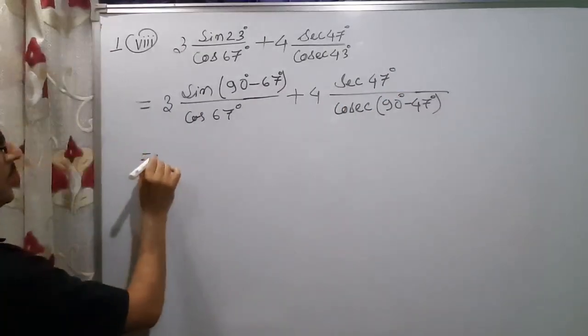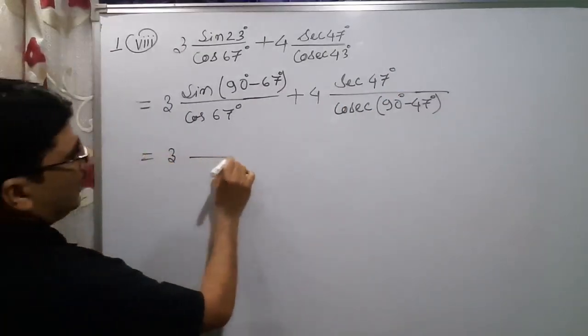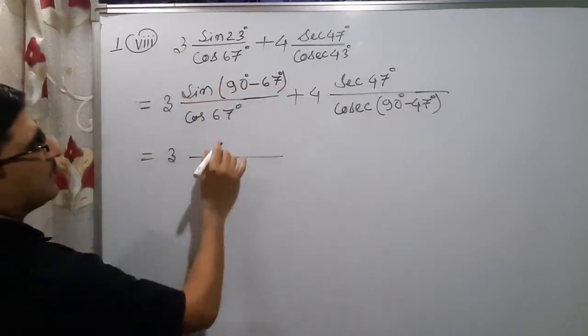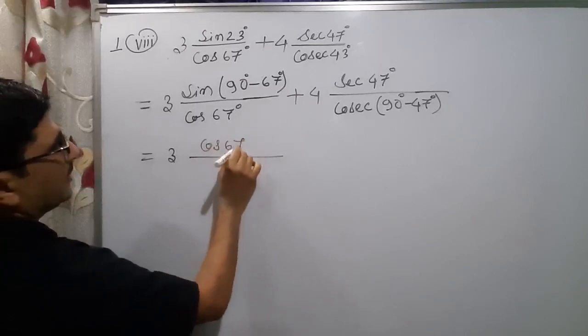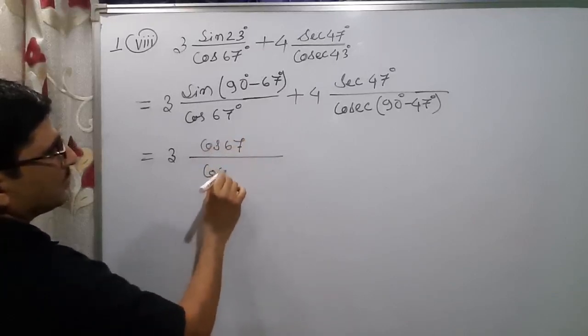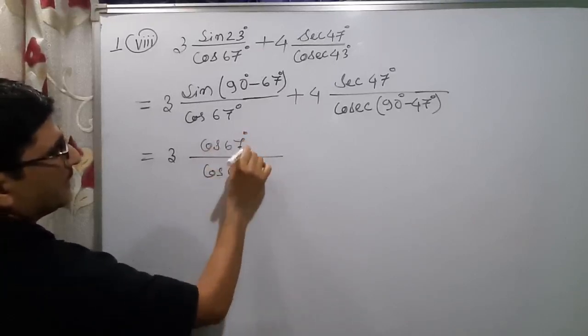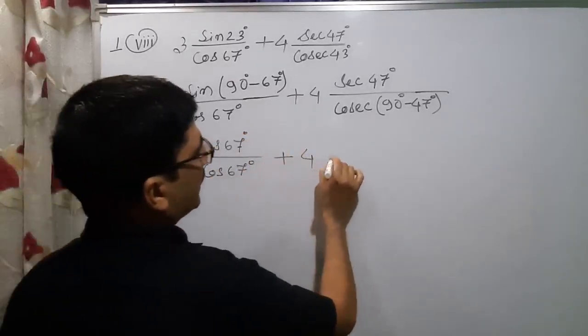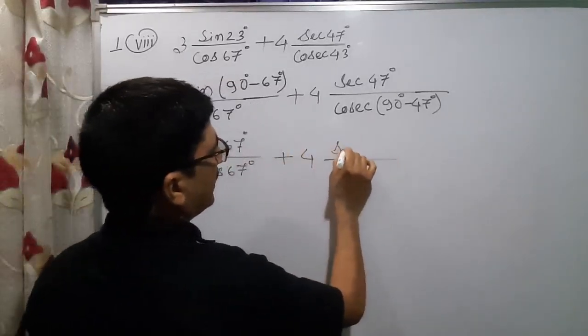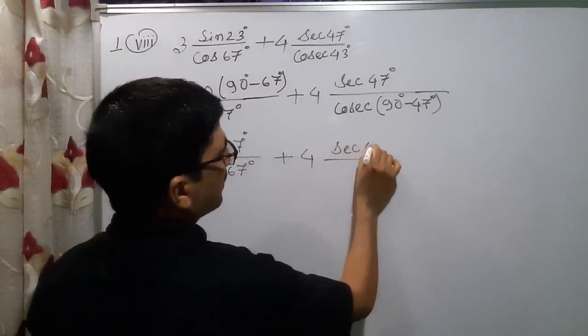You check here: sin of 90 minus 67 is cos 67. So cos 67 by cos 67 degrees we should put here. Plus this one is 4, and then here it is sec 47. We have not changed this.